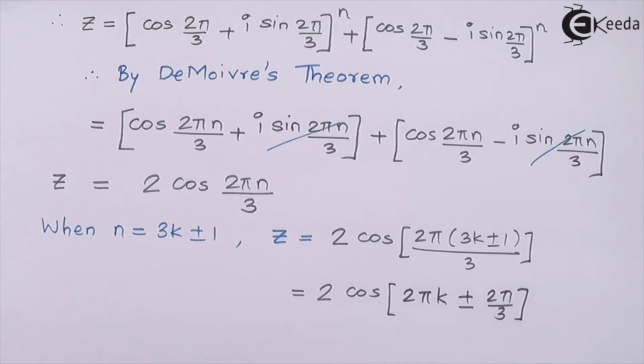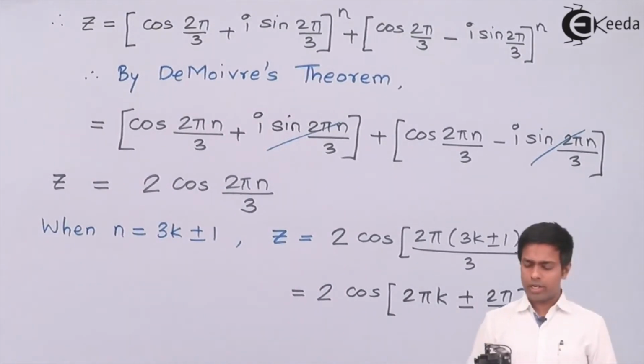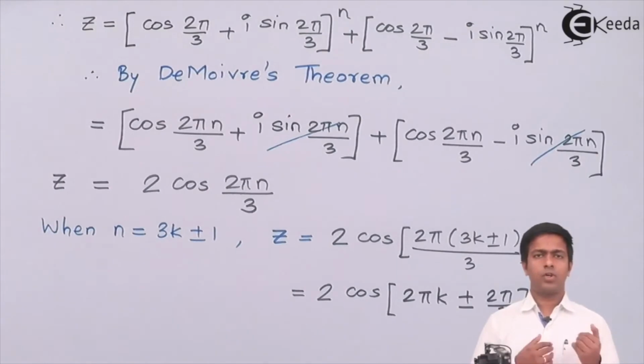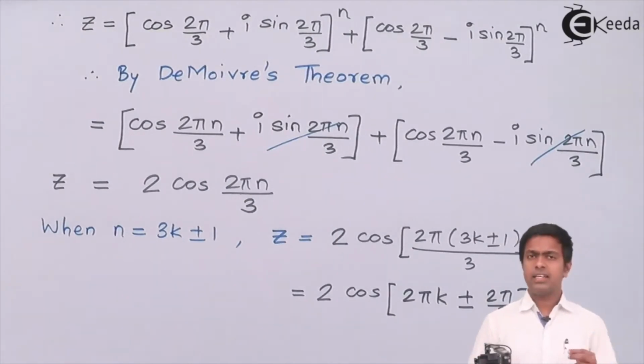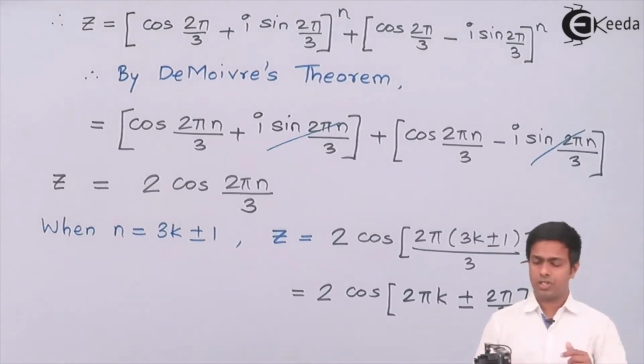Now guys, what is the answer of this? There are many methods to get the value. One of the methods is cos of 2 pi plus theta is cos theta. So here I can directly say that cos of 2 pi k plus 2 pi by 3 is cos theta, because 2 pi k, and k is an integer, which is given in the question. If k is an integer, we know integers are like 1, 2, 3, 4 or negative 1, negative 2, negative 3 and so on. So this will be 2 pi, 4 pi, 6 pi, 8 pi.